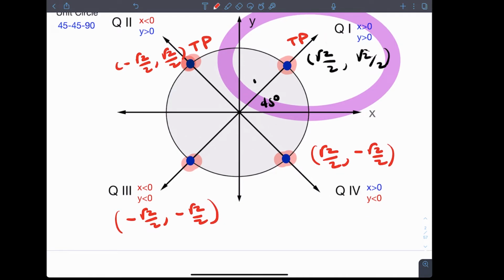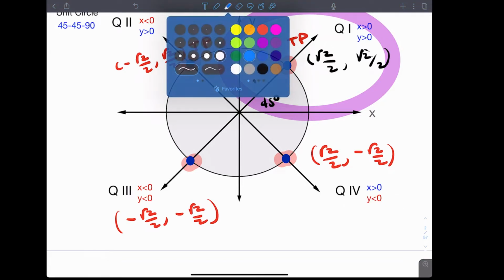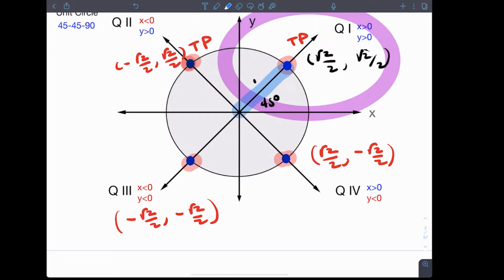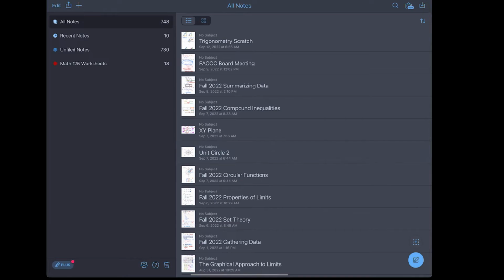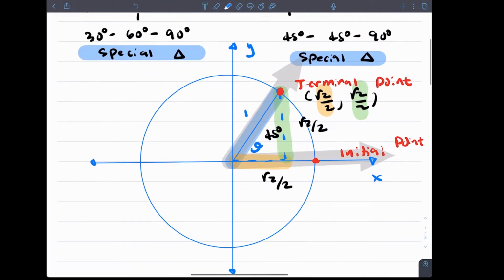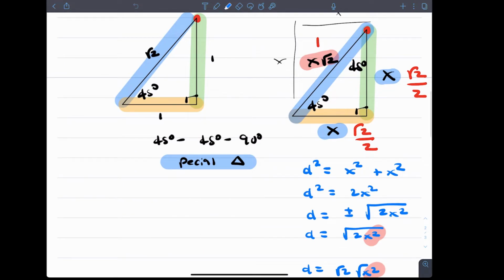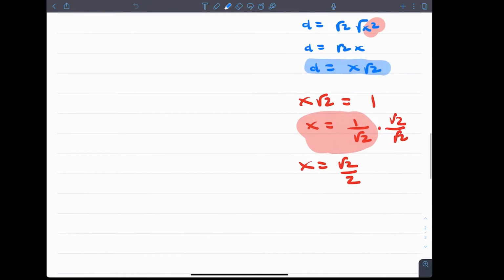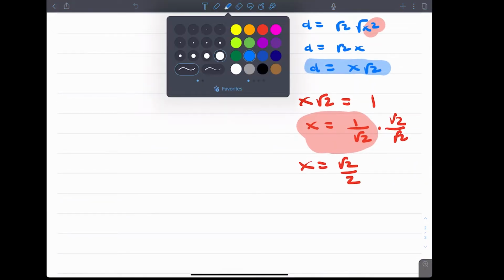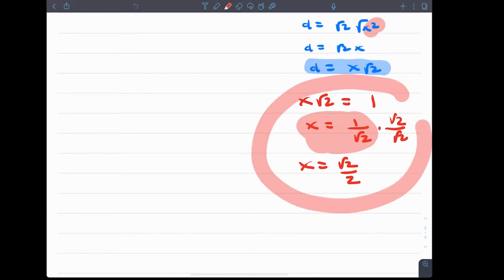How we got 1 on this here? Because you know what we did? We got that formula when we used that scratch, right? Remember we got this here, that the formula is x times square root of 2. Set that equal to 1. So right in here, this is a computation. So the question is, how do we get that diagonal to be 1?